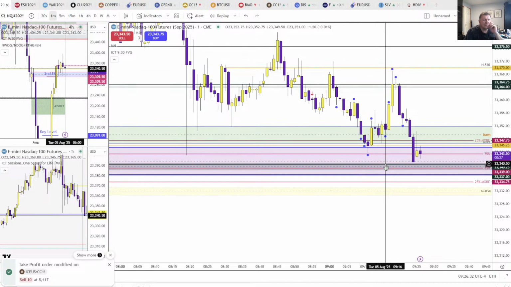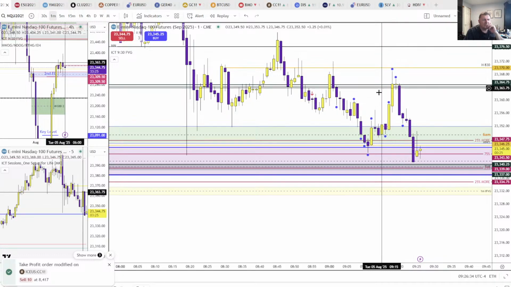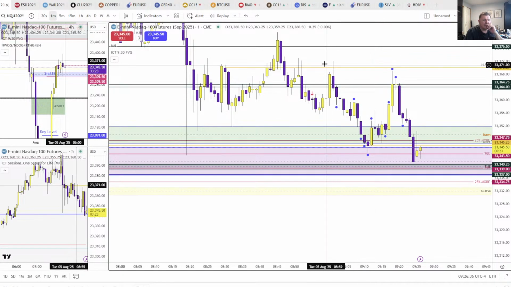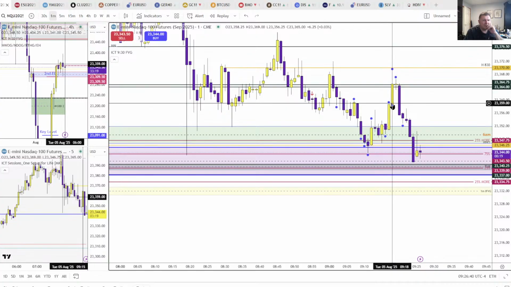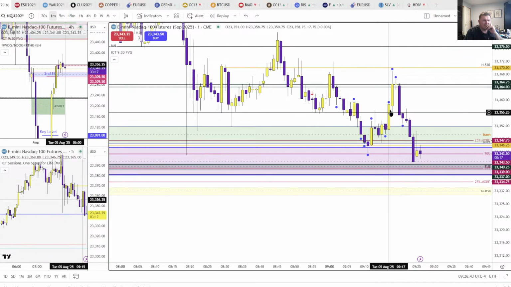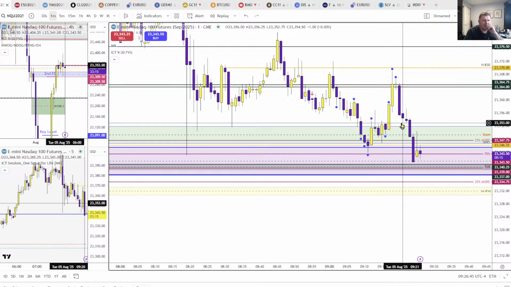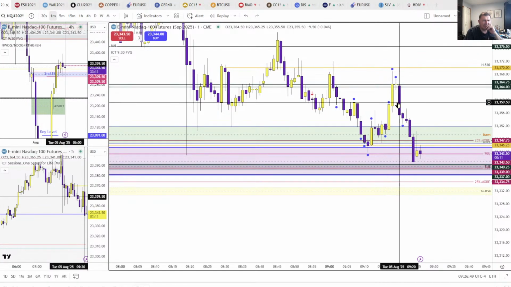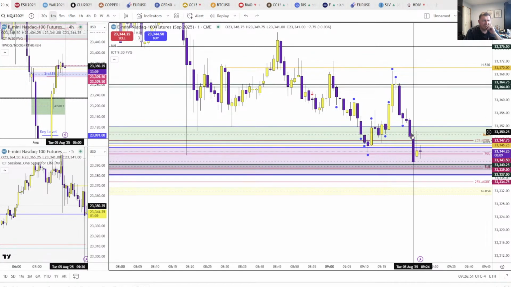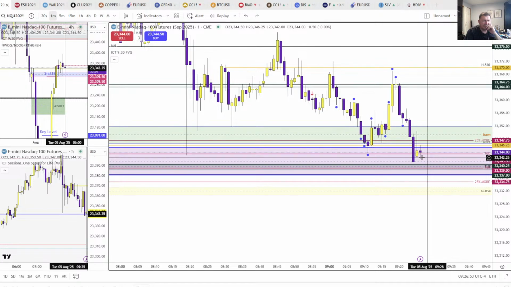So we got the bull trap. Going lower, going lower. Take out the candle, the last candle to the left. Back to it, come lower.